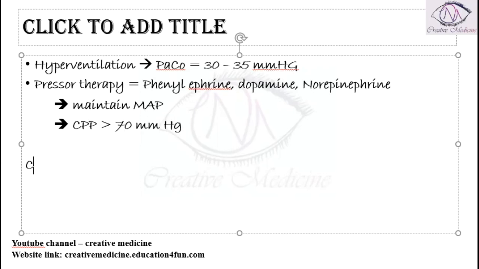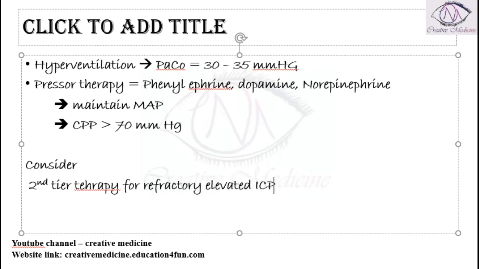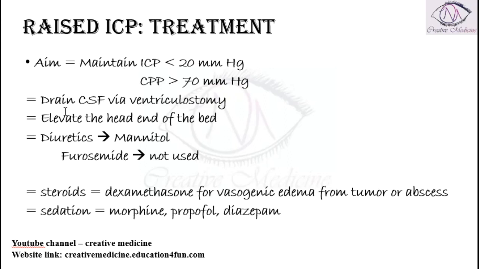Then you can also consider other therapies. We have second tier therapies available for refractory elevated intracranial pressure. Like, we have drained CSF, elevated the head, and given diuretics and steroids.